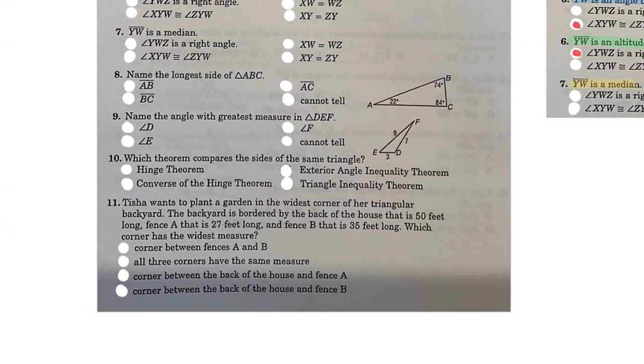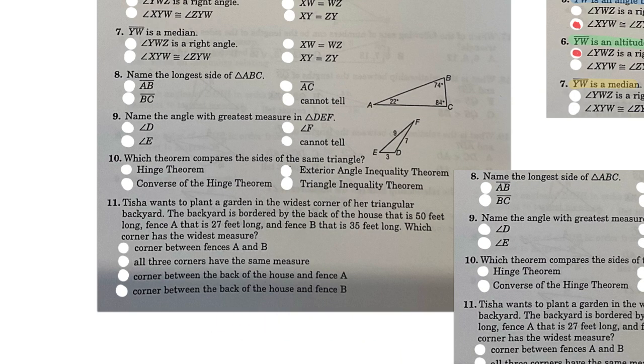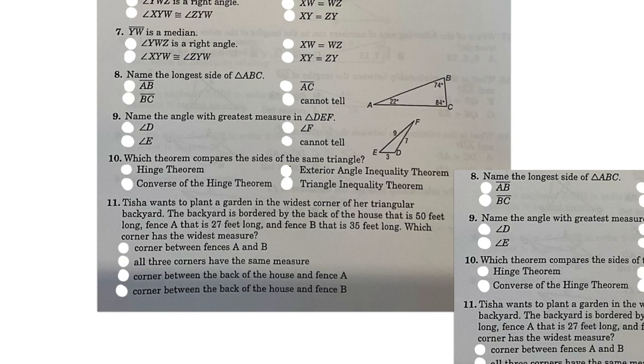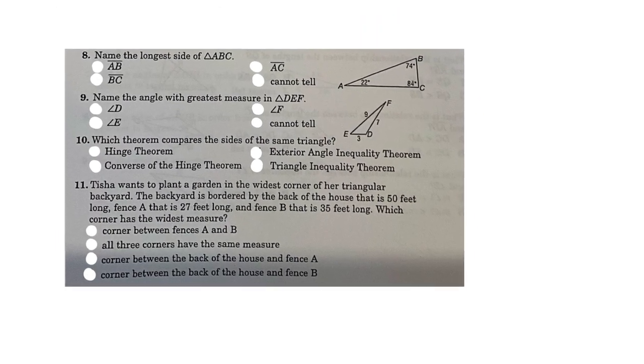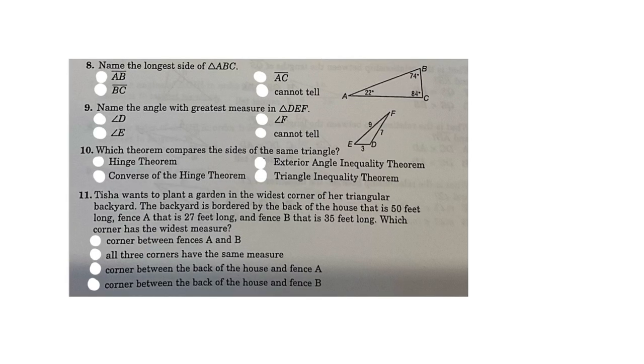This over here is a barrel of fun. Get rid of a few things. Okay, name the longest side. Should be easy for my student. The longest side is the side that happens to be across from the largest angle.